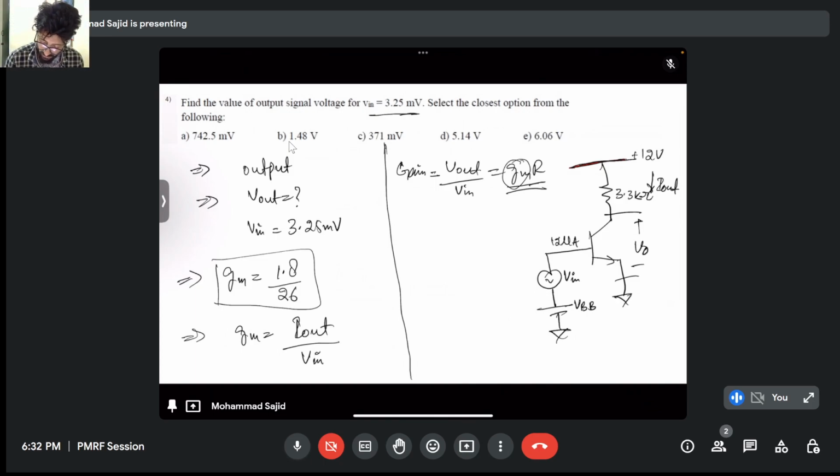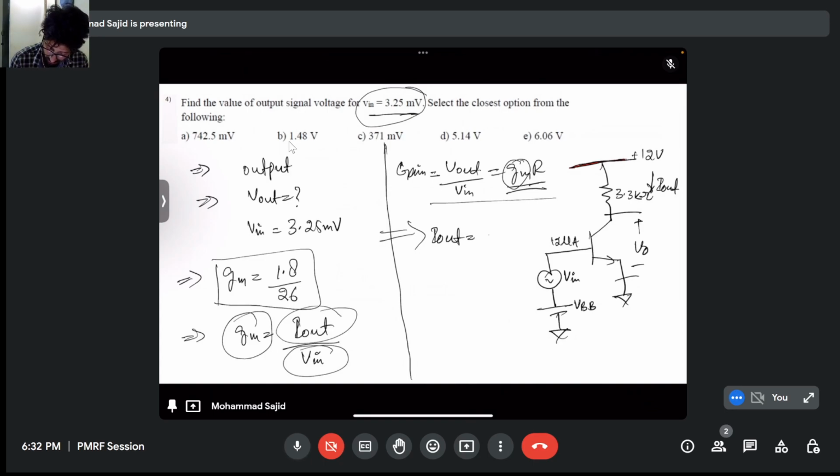We will get to this formula as well. So we know GM, we know V in. V in is given to us 3.25. Now can we calculate I out, right? So I output will be equivalent to GM V in, right?